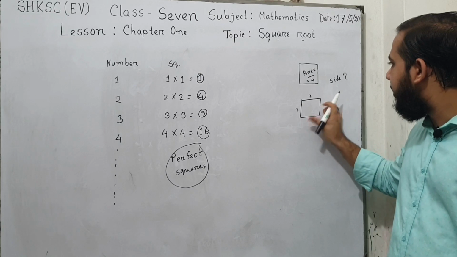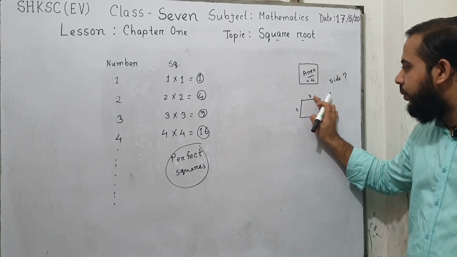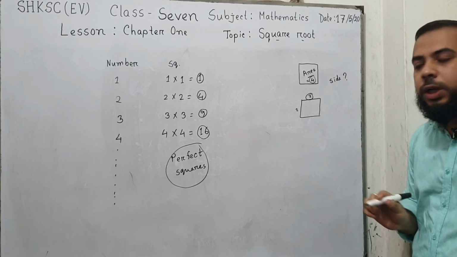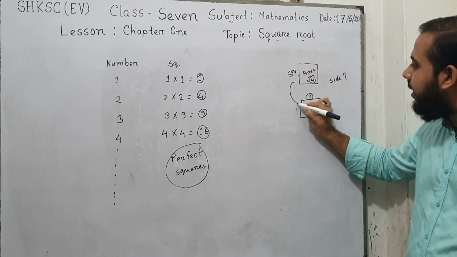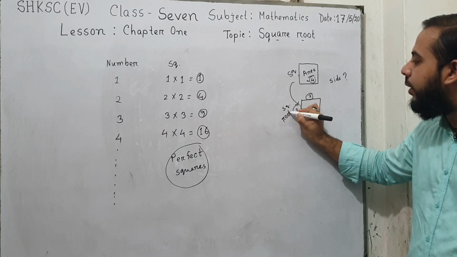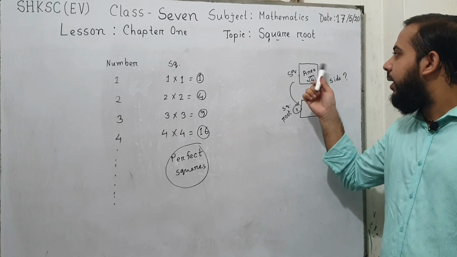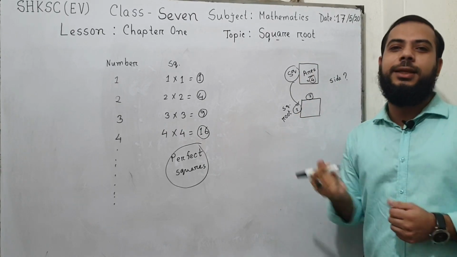Because we know area is equal to side times side, and if the side is 2, then 2 times 2 is 4. So if the area is 4, the side is 2. So if the area is the square, then the side is called the square root. The square root: if square is the area, then the side is the square root.